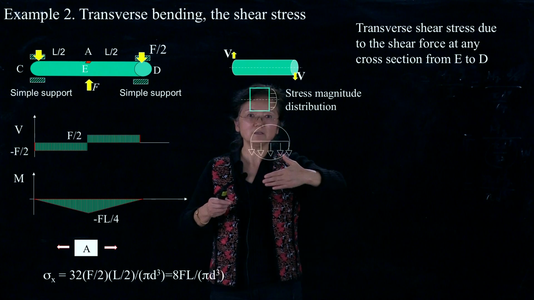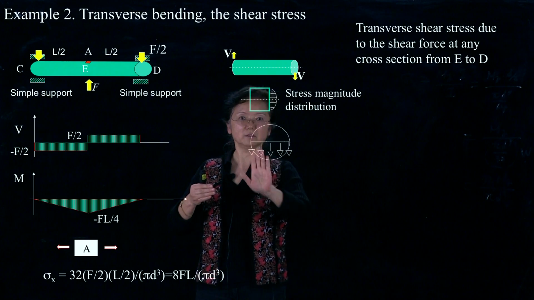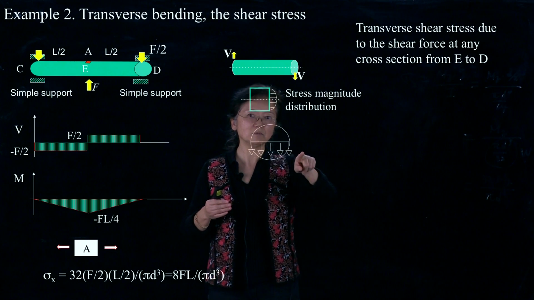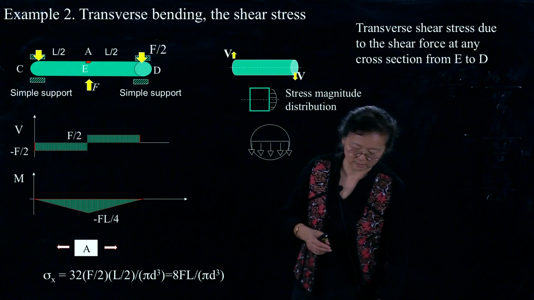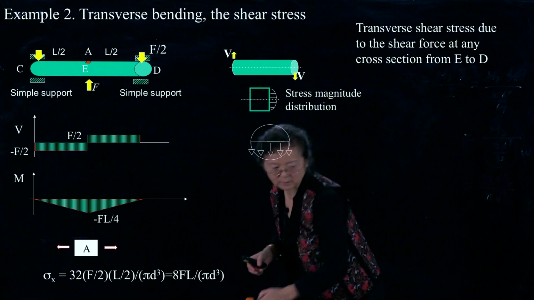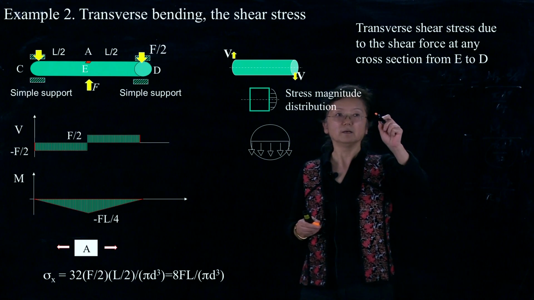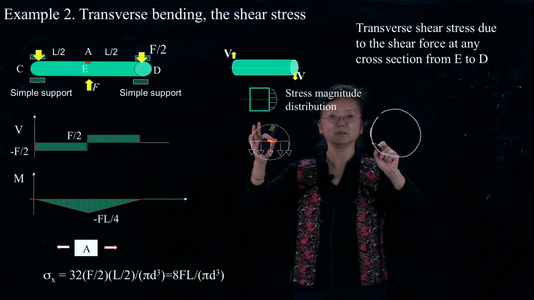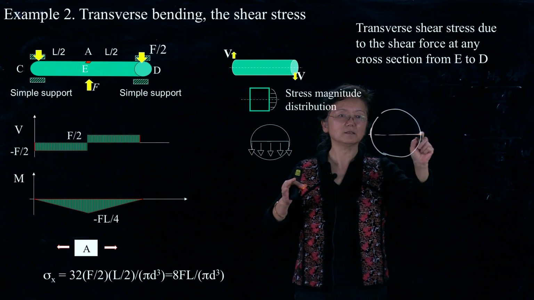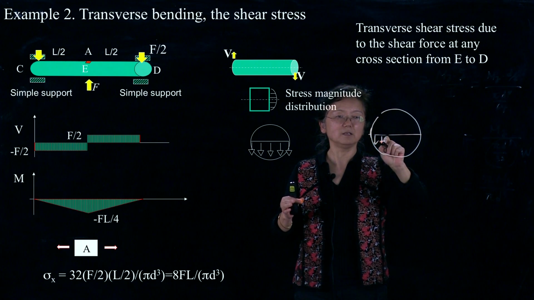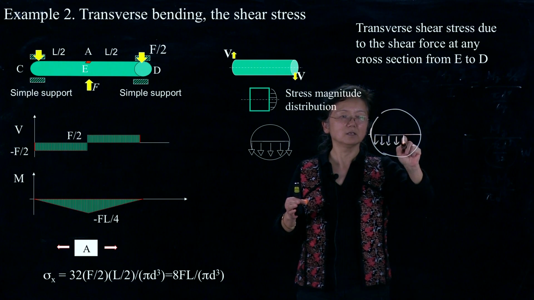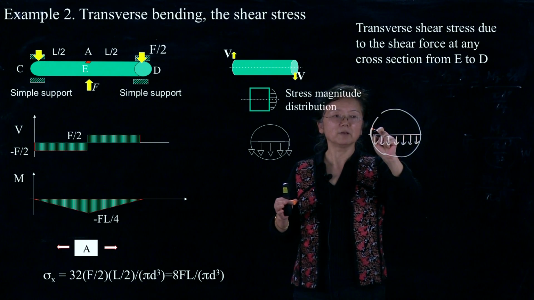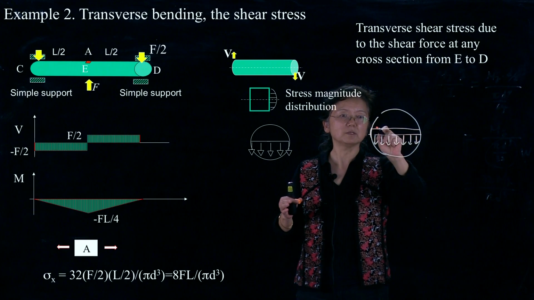In the cross-section, which basically is, I flip this over to here, all right? The shear stress is the maximum in the neutral axis. So this is the cross-section that I'm showing over there. This is the neutral axis, all right? So along the neutral axis, the shear stress has to be maximum, all right? Going upward, it reduces, all right?